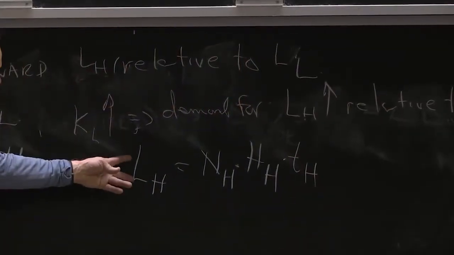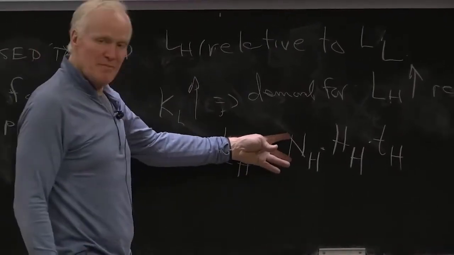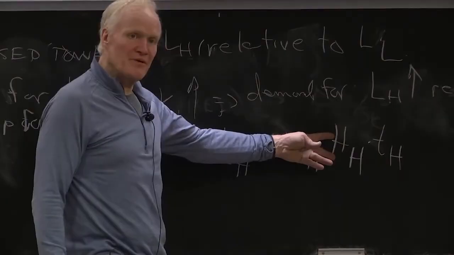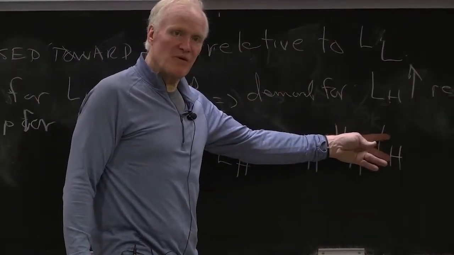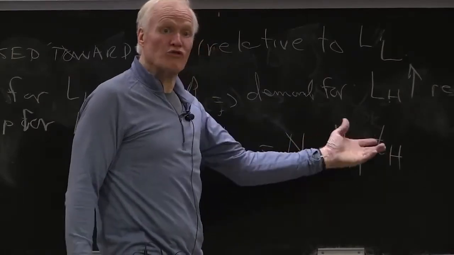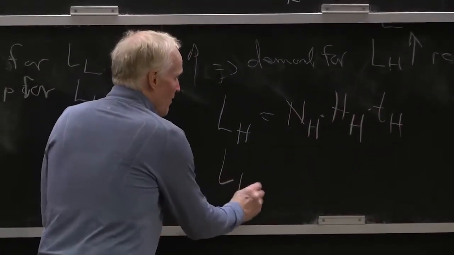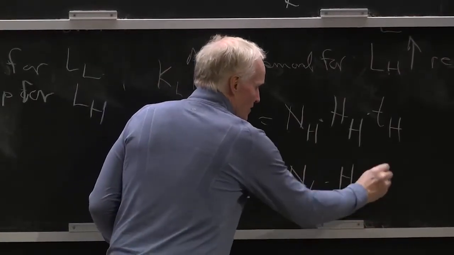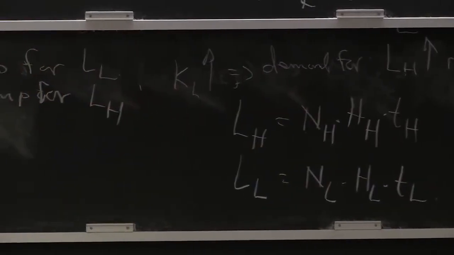Which is the amount of highly skilled human capital we have: how many people go in that category, times how much human capital they have, times how much time they spend working. Because that's the total supply of human capital in the population. L_L equals N_L times H_L times T_L. Exact same concept applied to the low skill group. Okay?